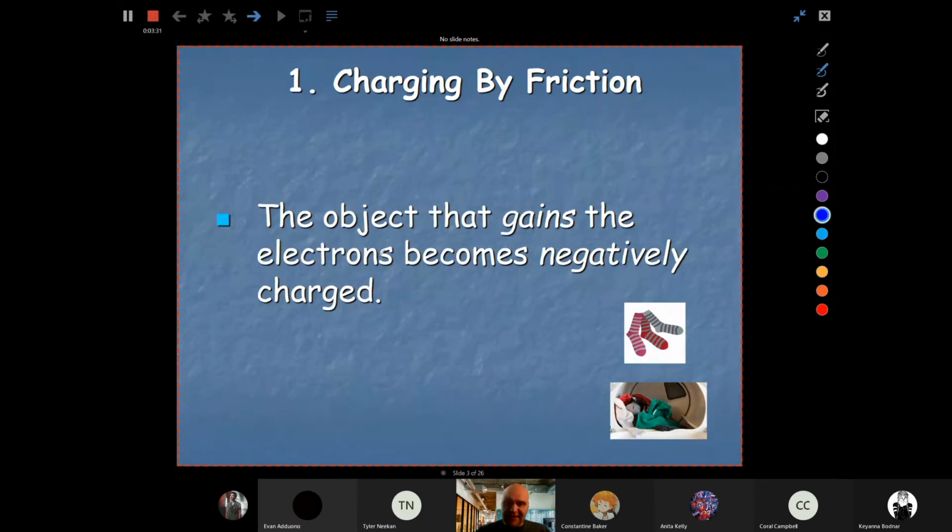Okay, so the object that gains the electrons becomes negatively charged. I hope to reinforce that idea.